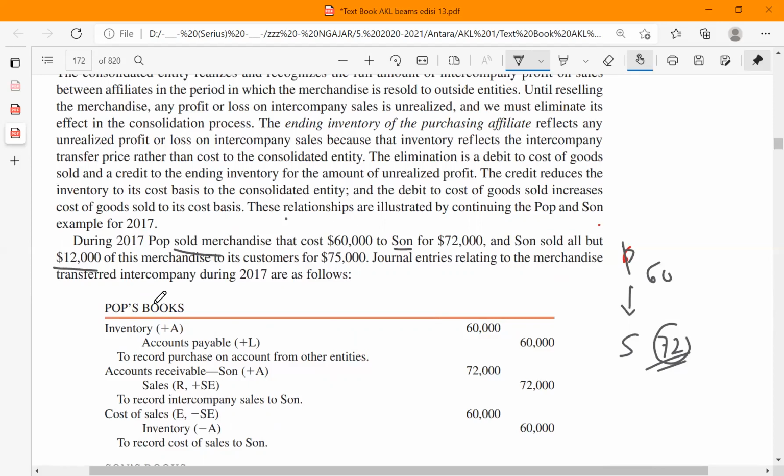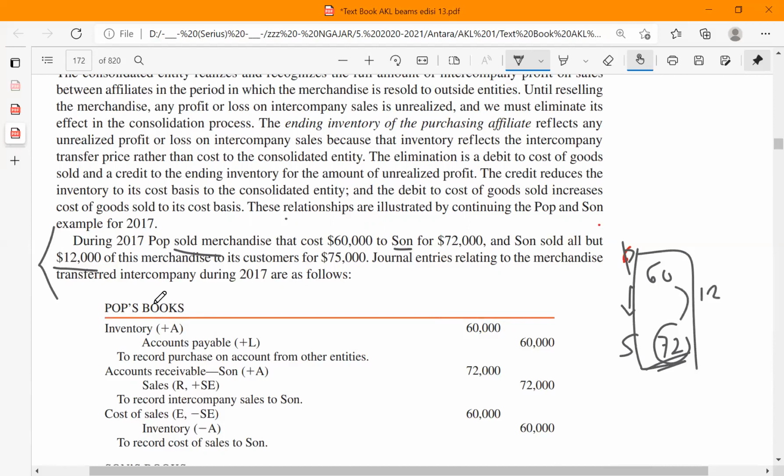The first thing you need to do is compute the unrealized profit that occurs in this transaction. Let me focus on this number. We can conclude that the markup here is 12.